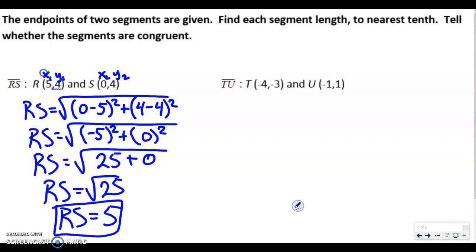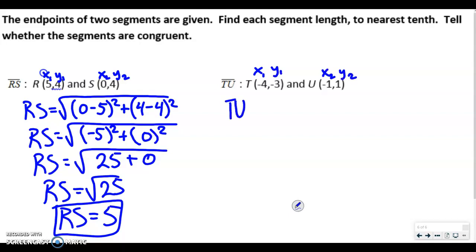So go ahead and pause. Find the distance between T and U. And then unpause for the answers. All right, hopefully you worked those through. Let's go ahead and call our points X1, Y1, X2, Y2.